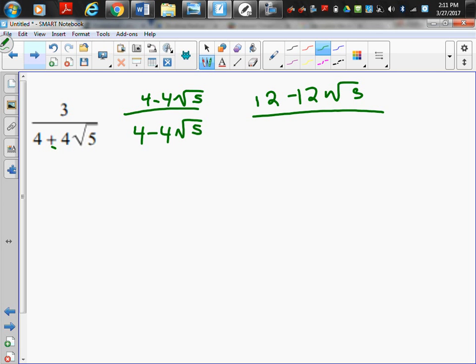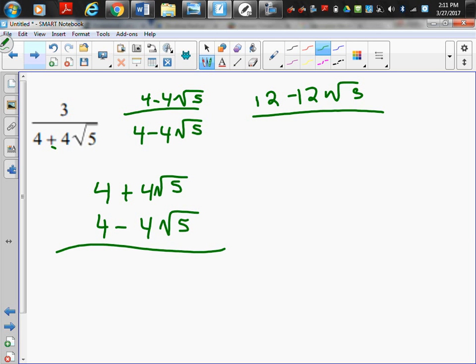That's square root of 5. 12 minus 12 square root of 5. Alright, so now I have to do these two. 4 plus 4 square root of 5. 4 minus 4 square root of 5.